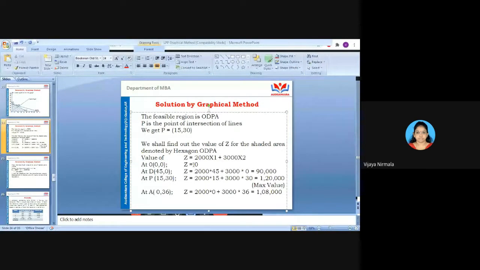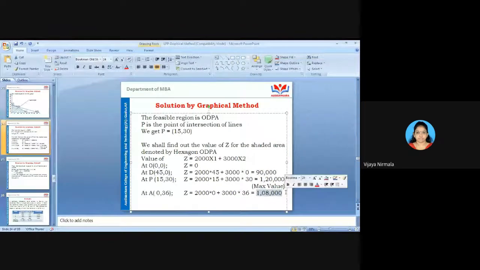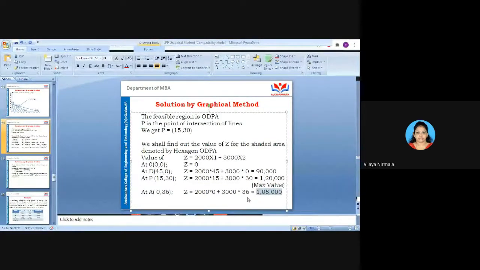Among these, you got 0, 90,000, 1,20,000, and 1,08,000. Now you need to find the optimal solution. Only one of these four values will be the answer. For a maximization problem, whichever is the maximum value is the optimal solution.